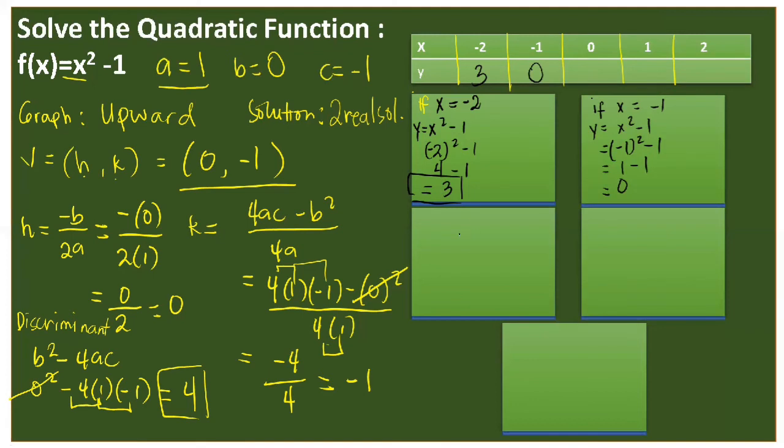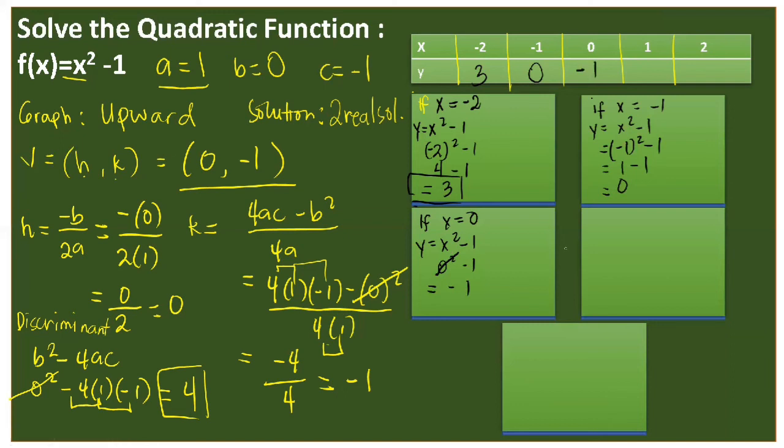Let's proceed with if x is equal to 0, then y is equal to x squared minus 1. Then yung x natin is 0 squared minus 1. Cancel the 0 squared. Then our answer is negative 1. So negative 1.